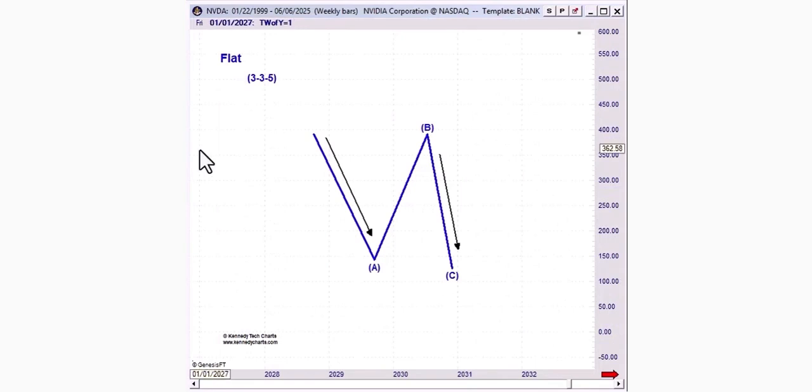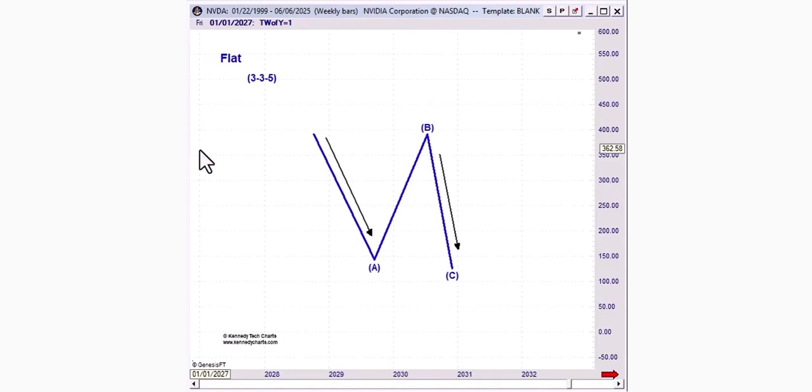Now, you also might remember going back to last week, I spent some time talking about slope analysis. What kind of personality do you see within the actual unfolding of a zigzag correction?